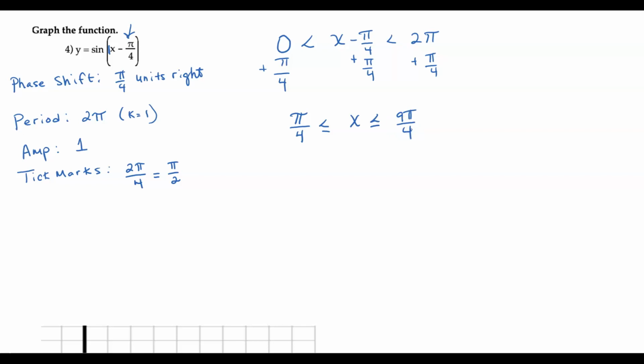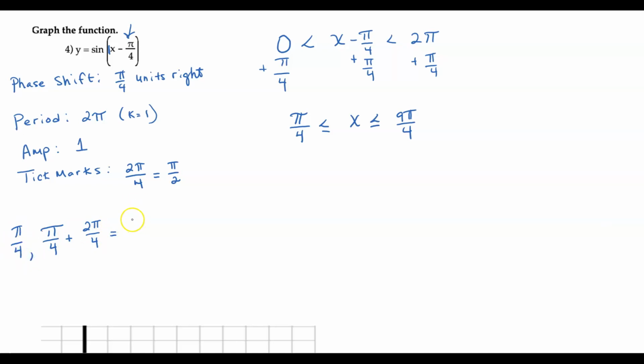So we're going to start at pi over 4 and go to 9 pi over 4. Now each of these tick marks, if I start at pi over 4, then I'm going to add pi over 2, but I think it's just easier to leave it as 2 pi over 4. So we're going to add 2 pi over 4. Remember, we'll start at pi over 4.